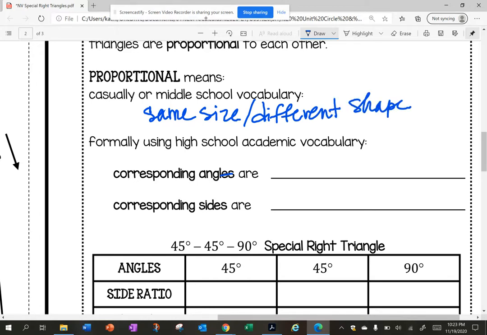In high school, we classify it a little bit more. We say that the corresponding angles are congruent and the corresponding sides are proportional, which means I have equivalent fractions.